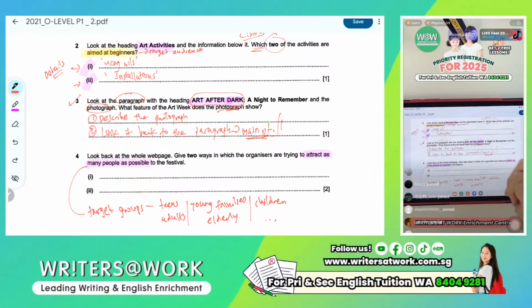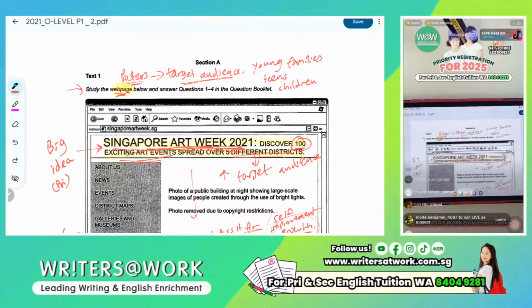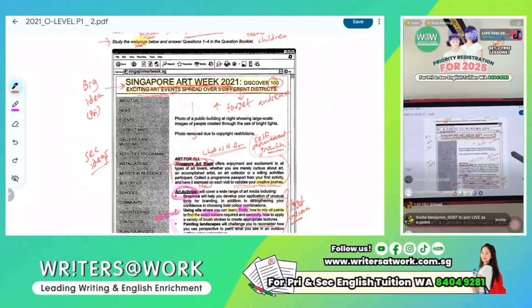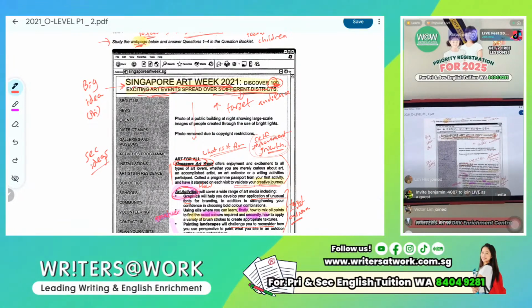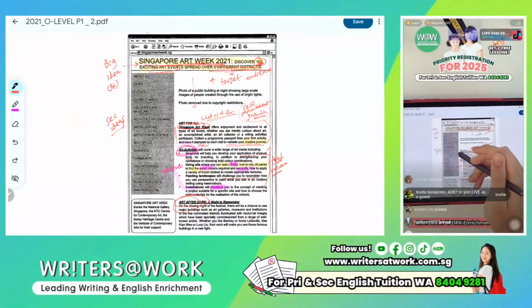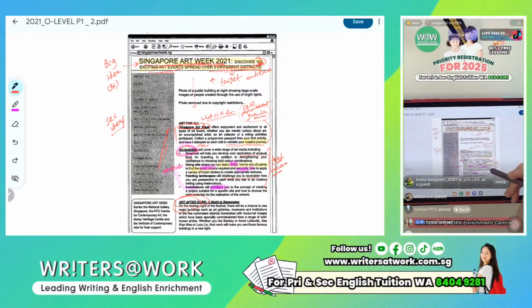I'm not going to list down the whole list for you, but you get what I mean. So this question about the target group is basically what I was sharing with everyone earlier on, how these numbers are significant and how this information here will affect your target audience.